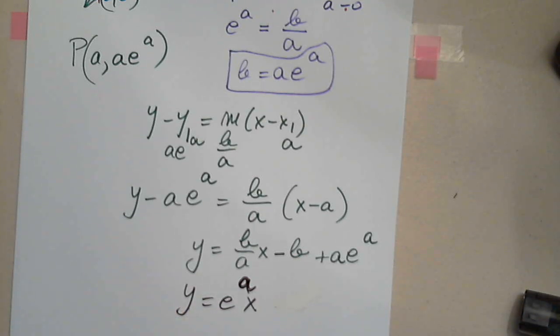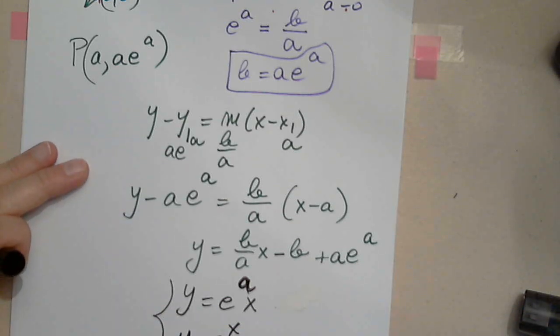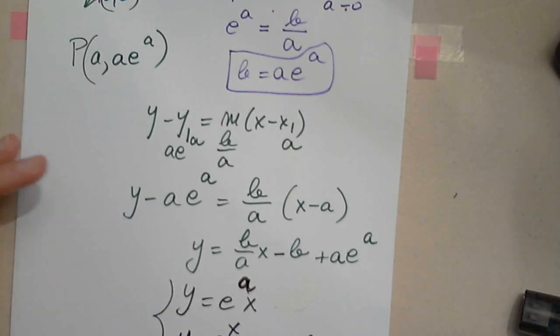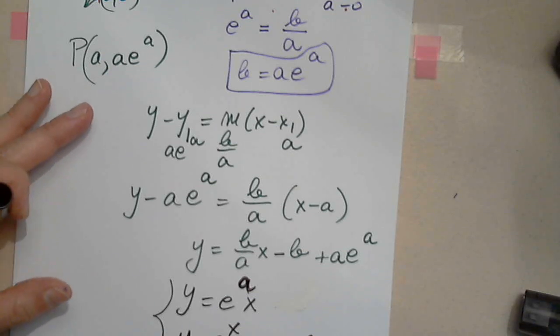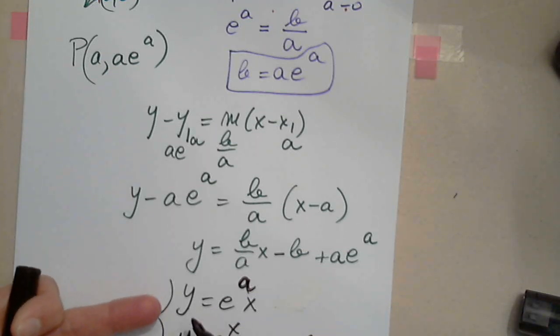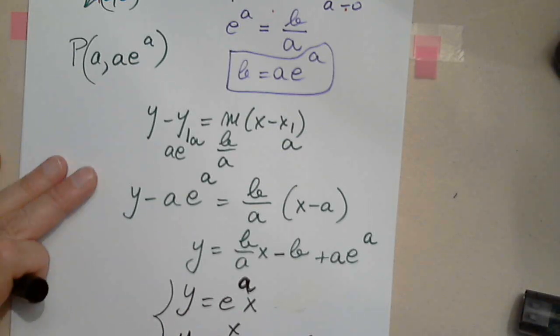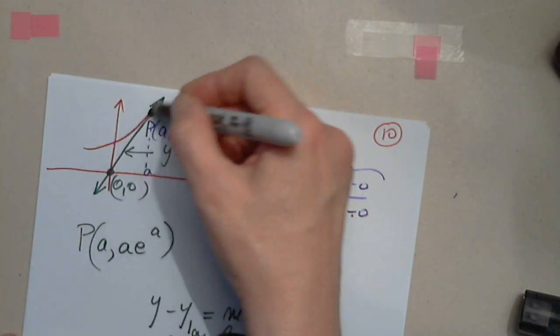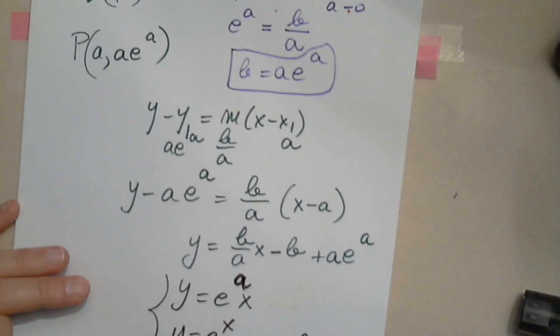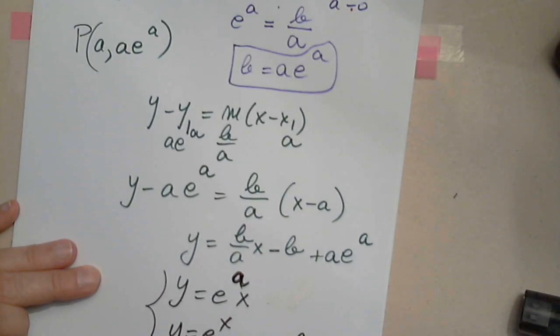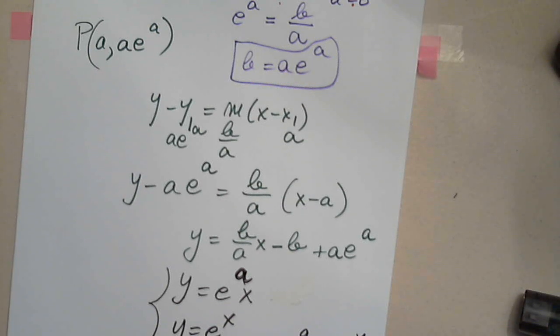And when I combine this with y equals e to the x, the point P is on the line as well as on the graph, mandatory. It's a point that belongs to the tangent and to the graph. So e to the a times x equals e to the x.